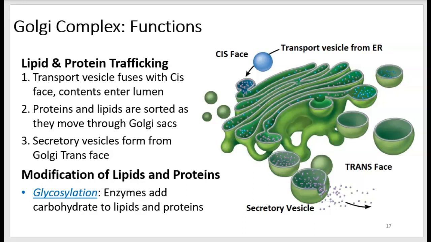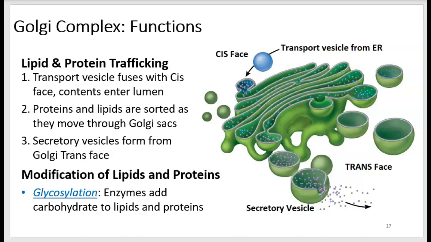First, a transport vesicle from the ER merges with the cis face of the Golgi. I said fuse before, but fuse and merge, same thing. And the contents of the transport vesicle are dumped into the lumen of the first Golgi sac.